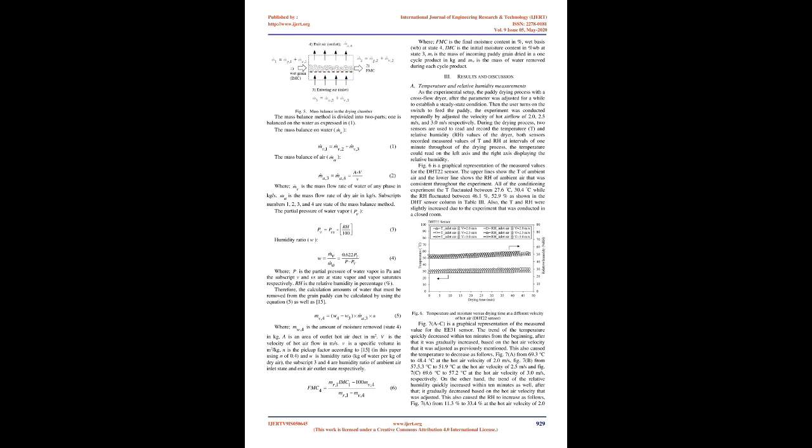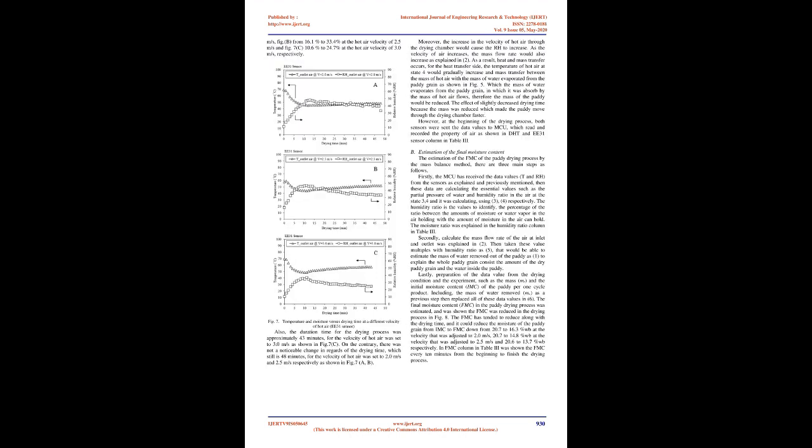Where, FMC is the final moisture content in percent, wet basis, Wb, at state 4, IMC is the initial moisture content in percent Wb at state 3, Mr is the mass of incoming paddy grain dried in a one-cycle product in kg, and Mw is the mass of water removed during each cycle product.